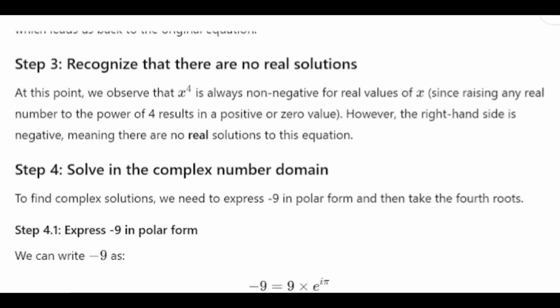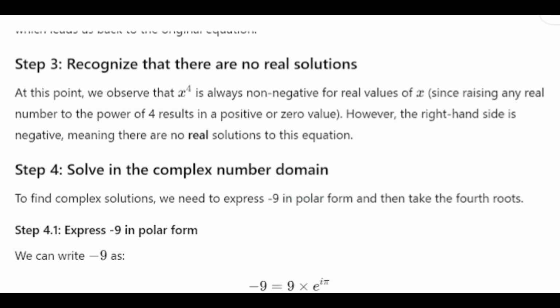Then in our step 4, we solve the equation in the complex number domain. That is, to find the complex solution, we need to express minus 9 in polar form, and then take the fourth root.